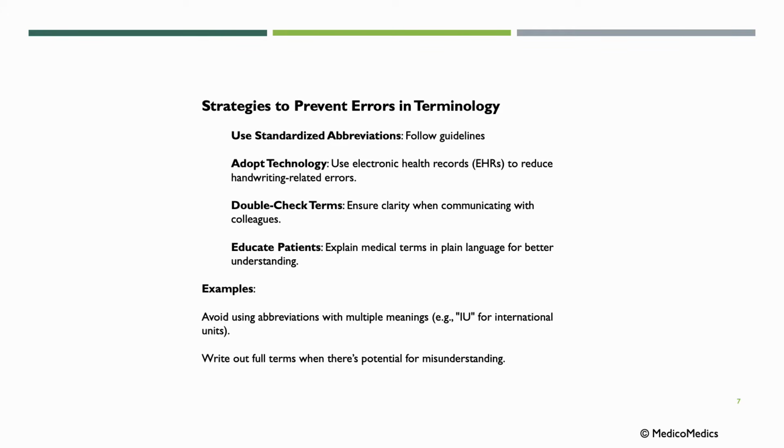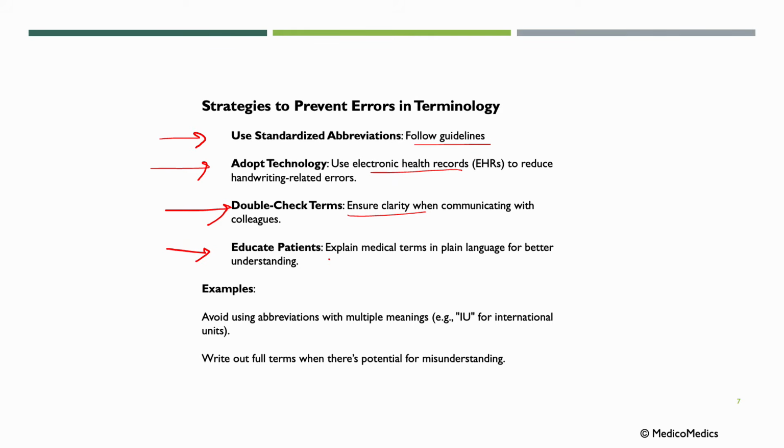Now, some strategies to prevent errors in terminology would be to use standardized abbreviations, meaning following these guidelines. Adopting technology, so using electronic health records to reduce handwriting-related errors. Double-check terms, so ensure clarity when communicating with colleagues.